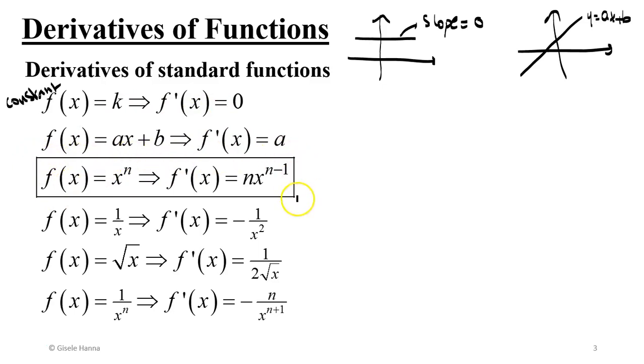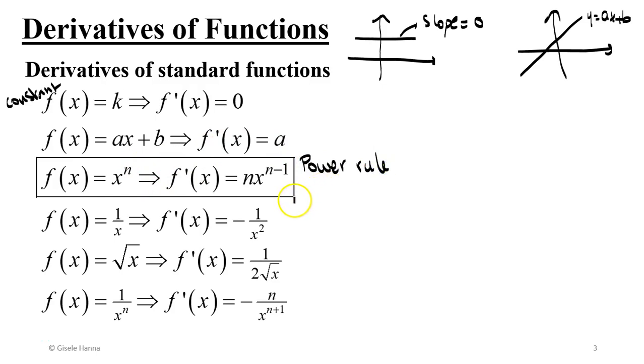Now, this next one, I do have it in a box because it is like the most important rule. As you will see, all the other rules would in fact come out of this one. They're particular cases of this one. So this is the power rule of derivatives.